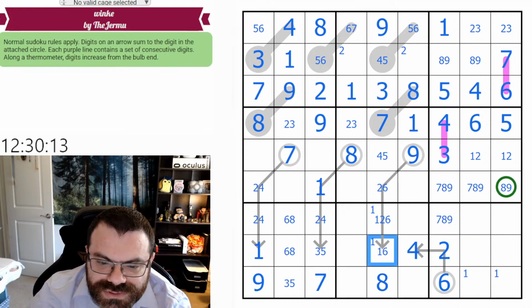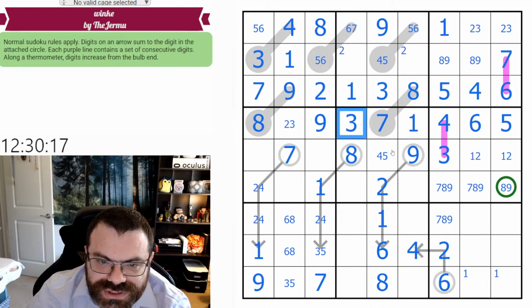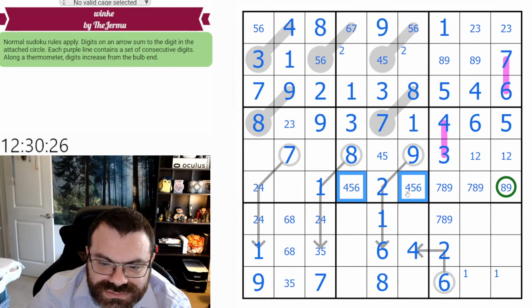Oh, this 1 sees over, so that's 6, that's 1. That's 2, 3. These are 4, 5, 6. 3 in this row has to go here, doesn't it?